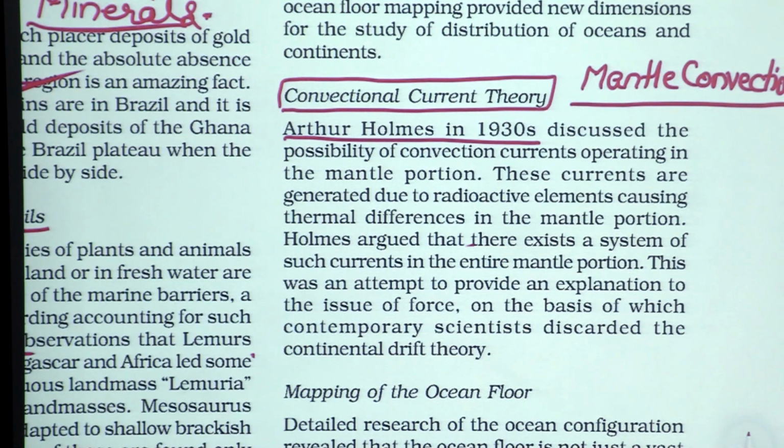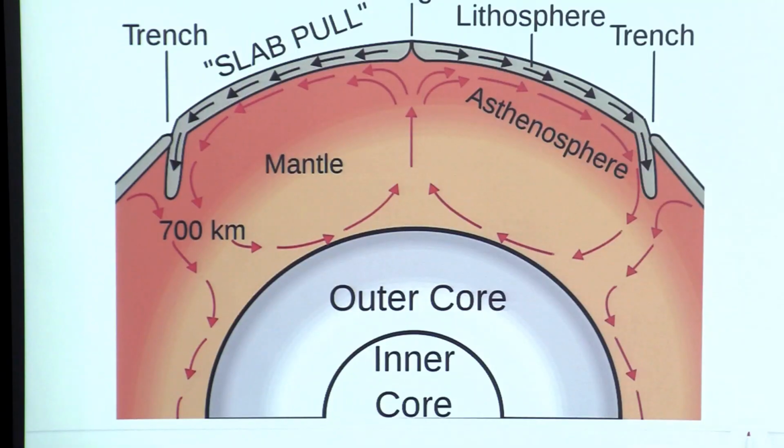What is it? Let us take support of this diagram. Can we notice this? The topmost layer of the earth is called lithosphere, and lithosphere is 100 kilometers from the earth's surface, and lithosphere shading it like this. We talked about it in our study earlier.